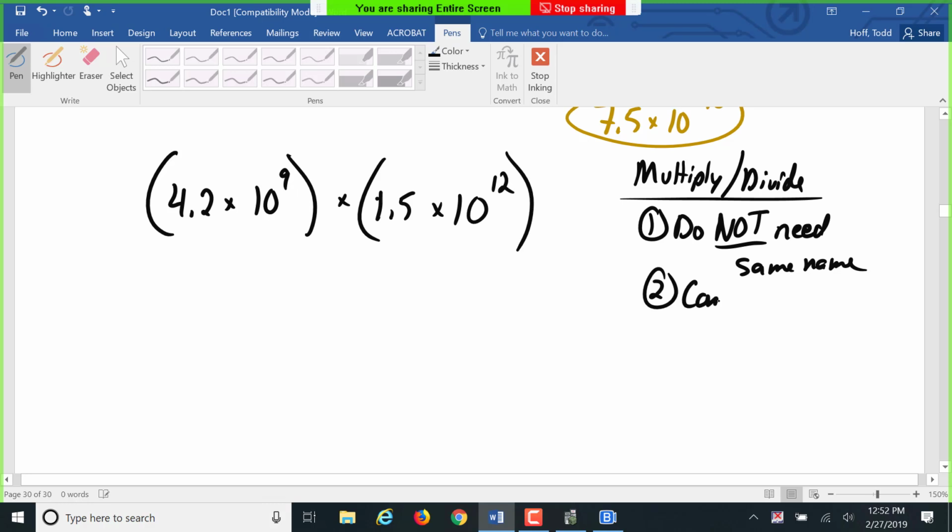So then we're going to combine the counts, just like we always do for any calculation. But then when we multiply or divide, we also combine the names.